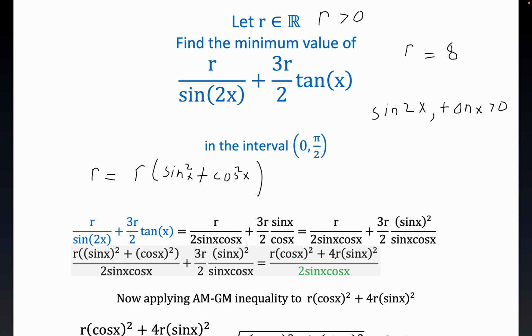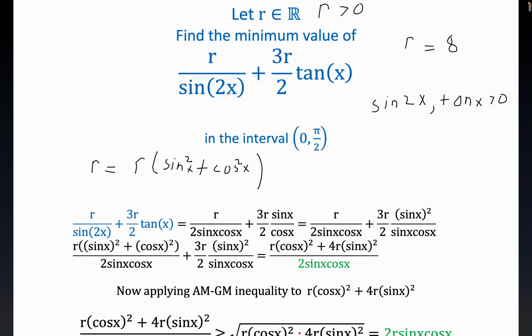Now down here we have 4r sine squared x, because you had an extra copy of sine squared. From this, you would have r sine squared x, which would add to this 3r sine squared x to give 4r sine squared x. Of course, the r cosine squared x comes from right here. So that's what happened going from this step to this step.